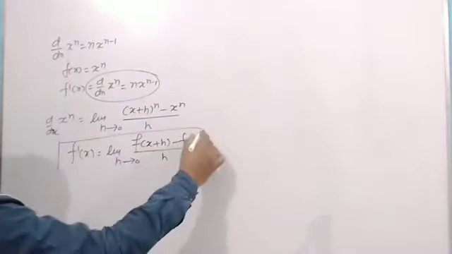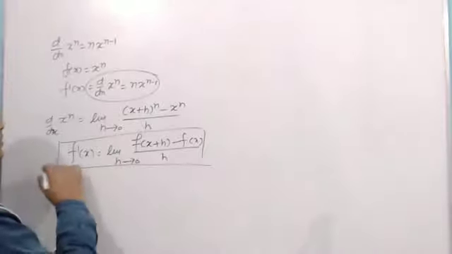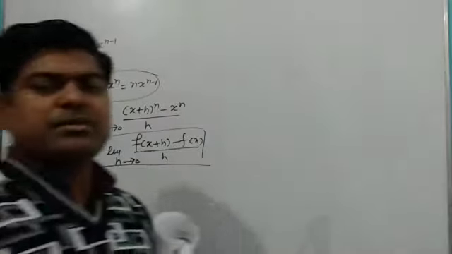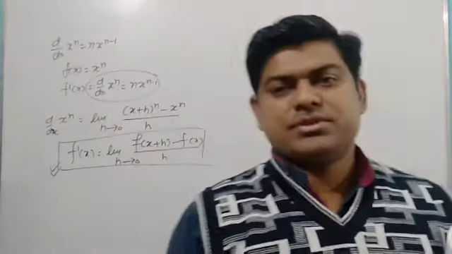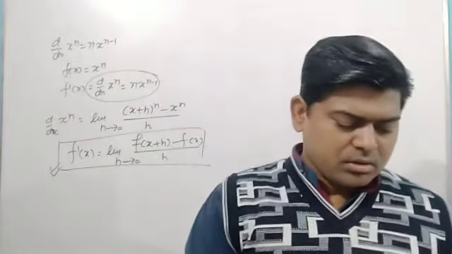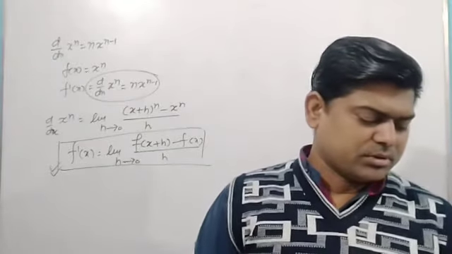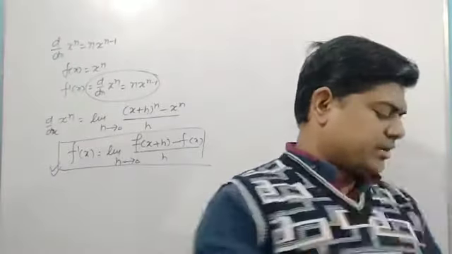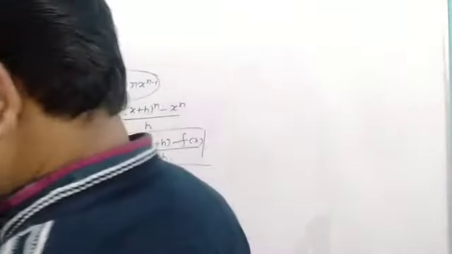So if I am finding the differentiation of any function by using this, I can say I am finding the differentiation of the given function by using the first principle. This is called the first principle. I am going to solve one question for you that depends on the first principle, and hope you will get all these things very easily.